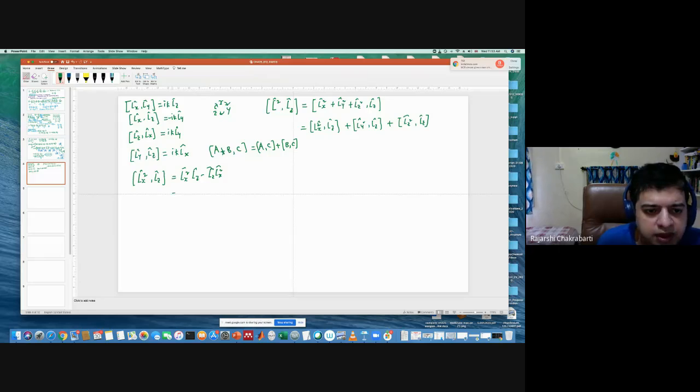Now I'm going to do a trick. I am going to add something and subtract the same thing. What am I going to add? I'm going to add Lx Lz Lx.